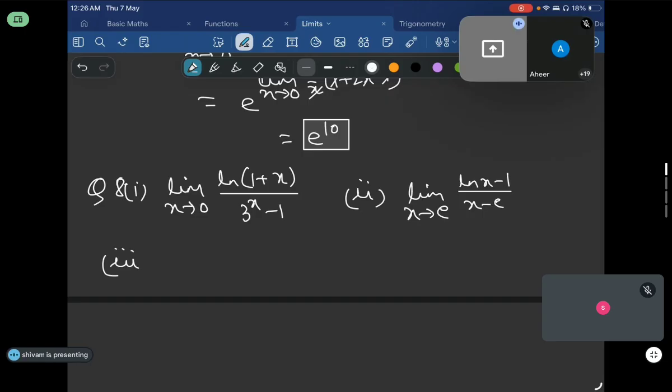Part 3. Okay, this is the last one, everyone. Limit x tends to 1, 1 plus x upon 2 plus x whole to the power 1 minus root x upon 1 minus x. Okay, these are the last set of problems. Quickly solve.